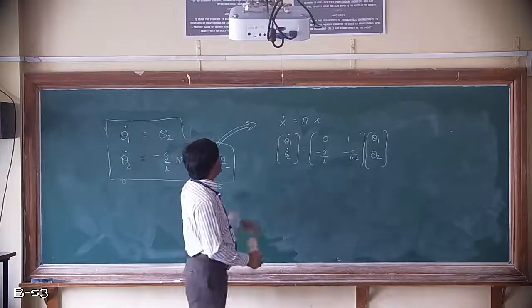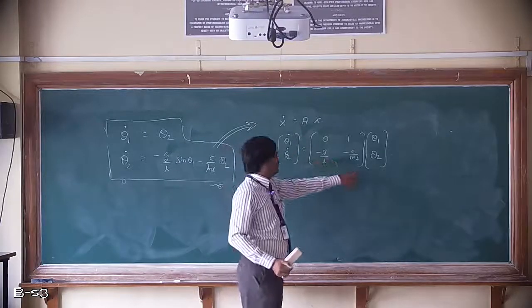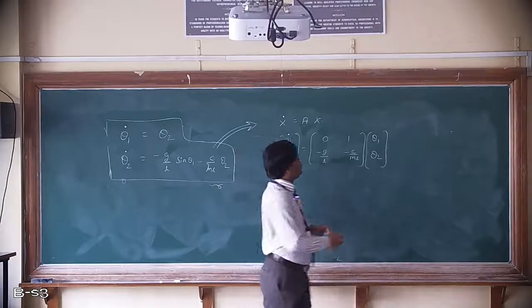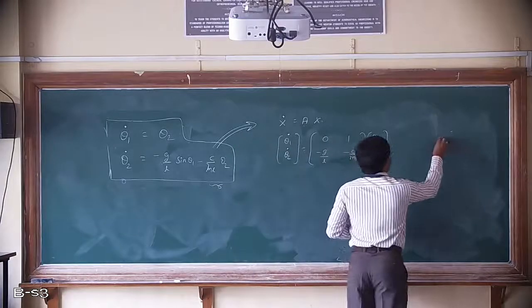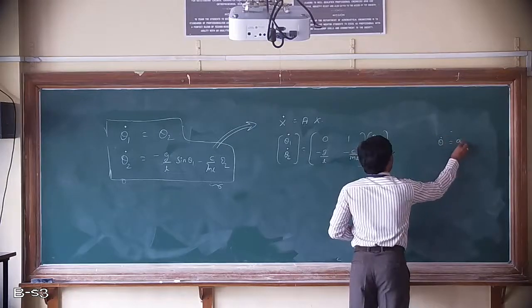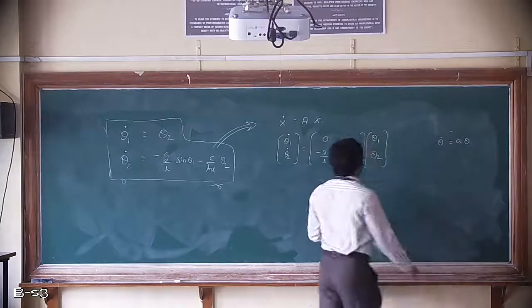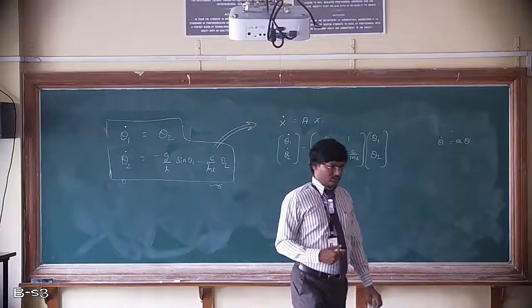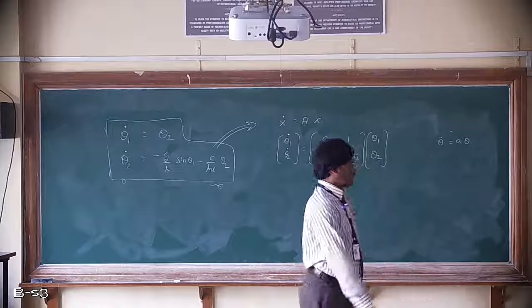So forget about this second order matrix. Just imagine theta dot is some constant a into theta. Some first order differential equation is there, and we are just solving a first order differential equation. Yesterday we already discussed, right?